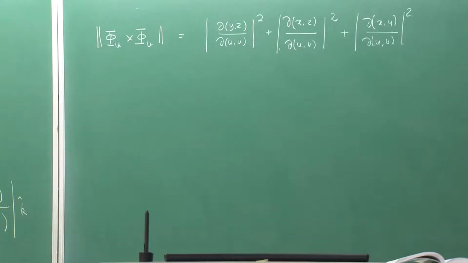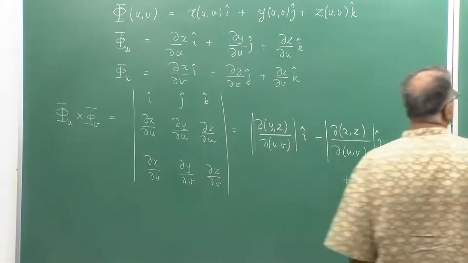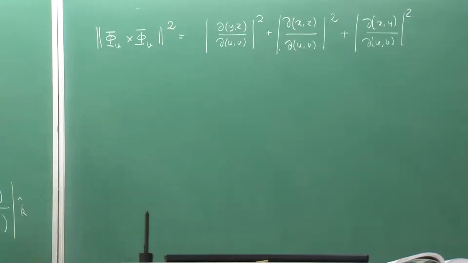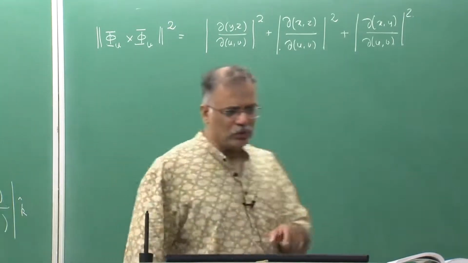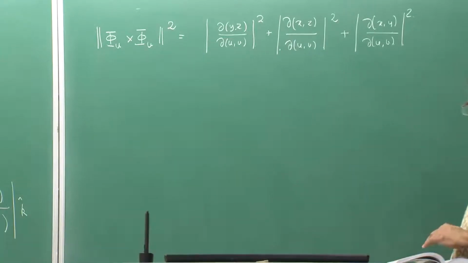So, you know this is a norm square, the standard Euclidean norm. So, you know how this expression has now come, which is the positive root of this.